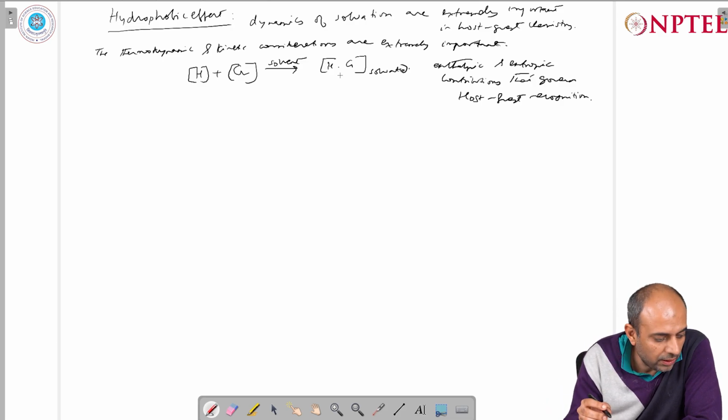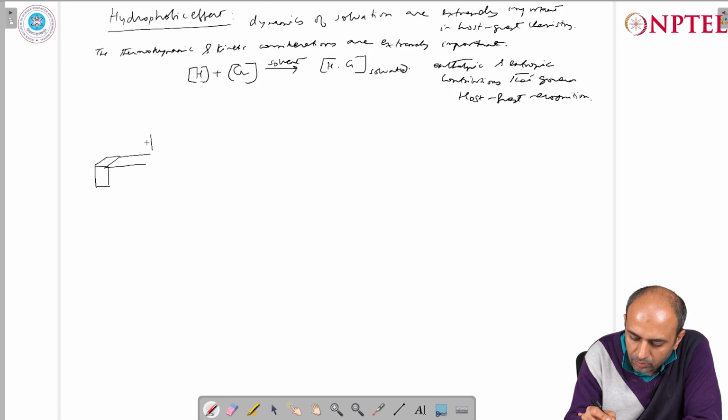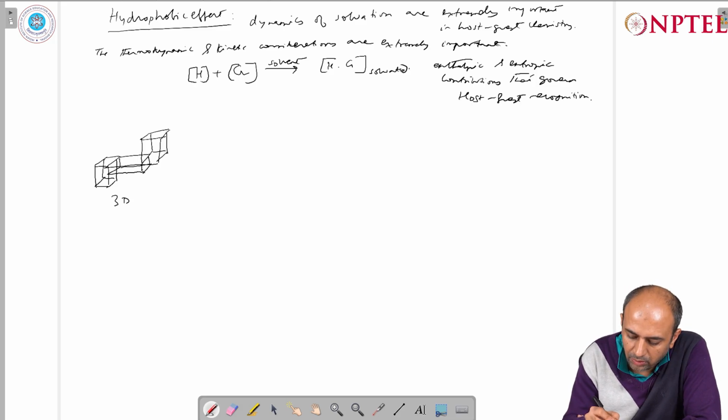So to start with, we can now consider a three-dimensional host. So this is a three-dimensional host, and this host to start with has been dissolved in a particular solvent.